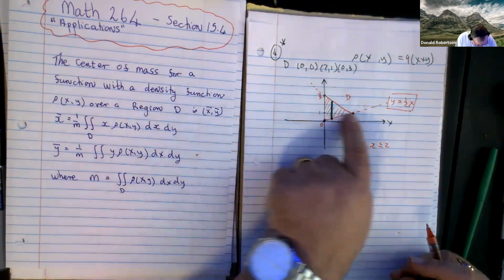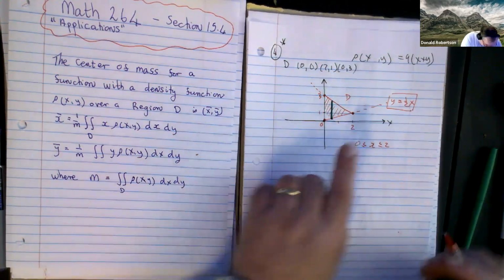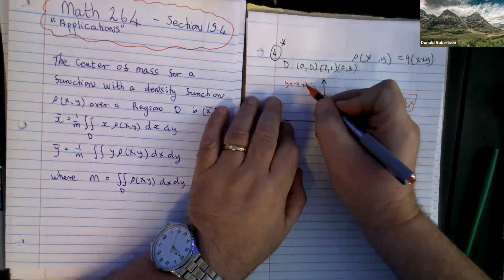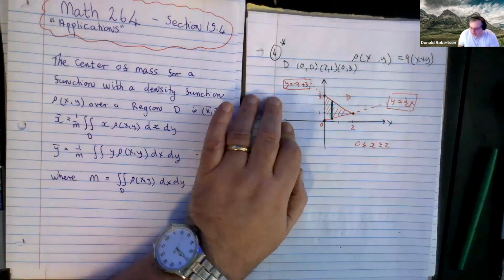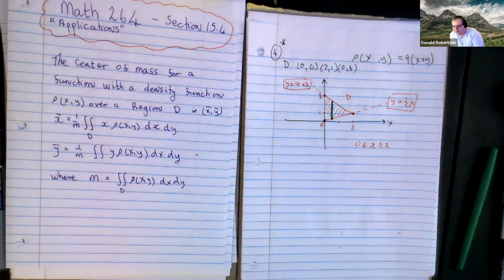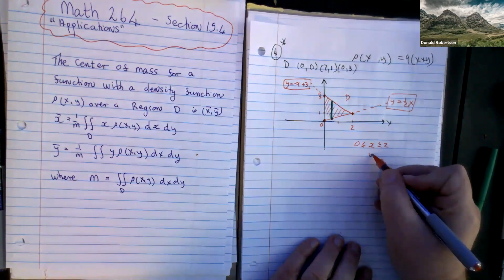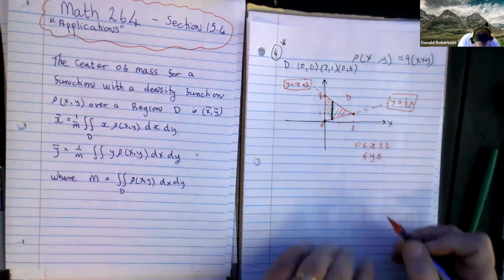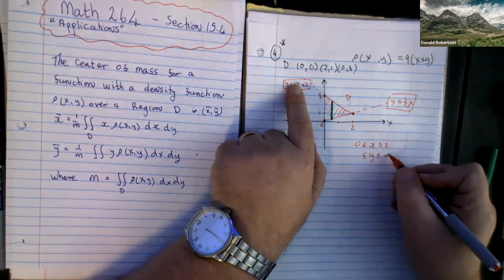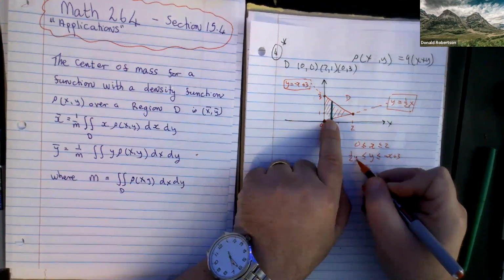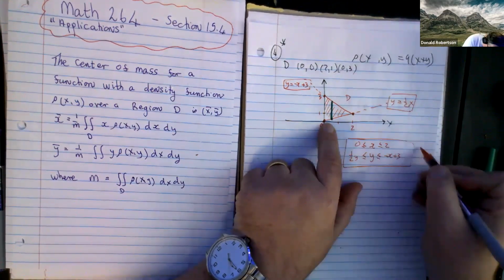Well, if you do rise over run, it's got a slope of -1. And since it passes through that point, it's y equals -x add 3. I'm taking the shortcut to get the equations, but there are other ways. Couldn't you just find the coordinates of the start and finish, get the slope, y minus y1? Right. In the one that I've just described, the upper boundary is this line, and the lower boundary is this line. So that's one problem solved.